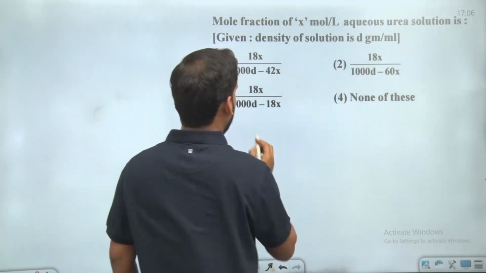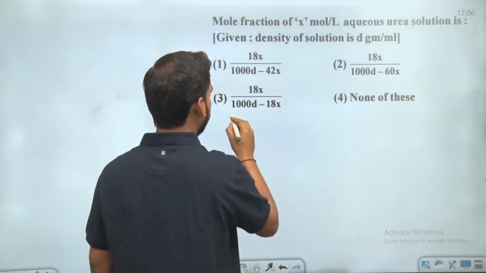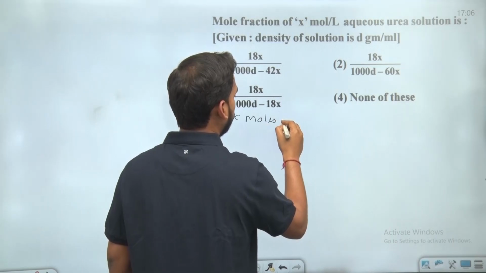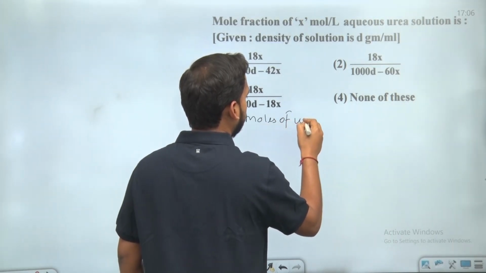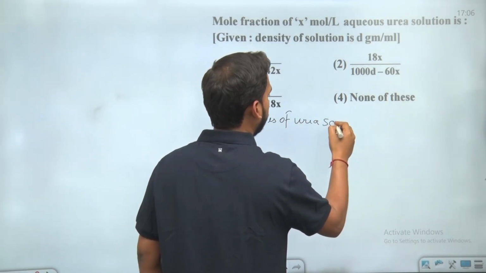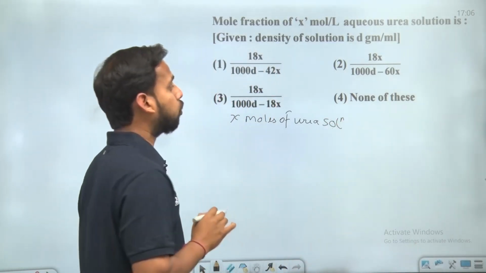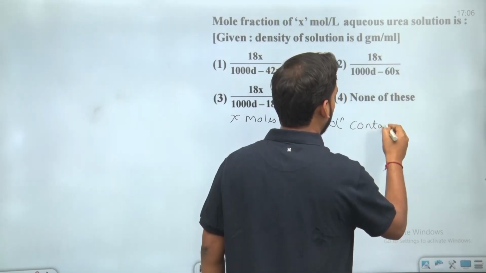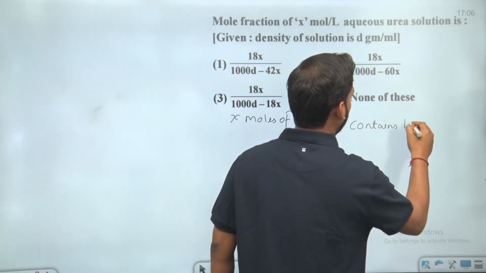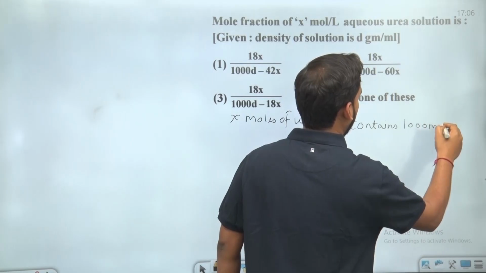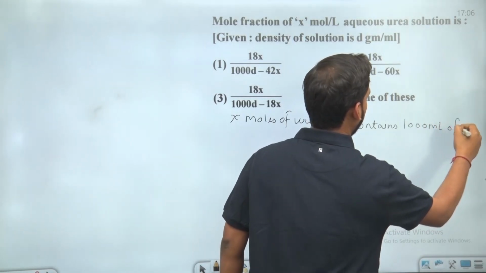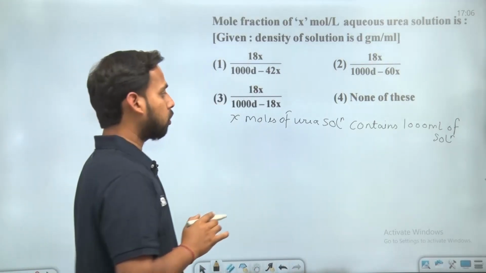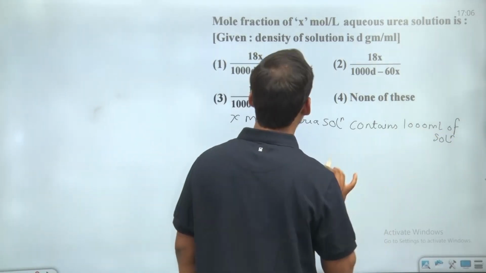So X moles of urea solution contains 1000 ml of solution.